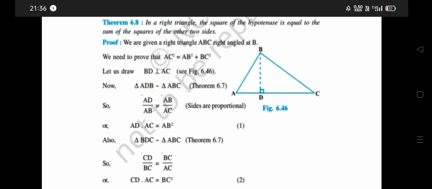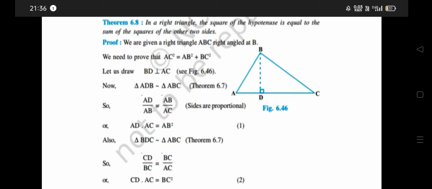So that's what theorem 6.7 says, if you guys just go through it. And if two triangles are similar, we can say that their sides would be proportional. So we can write that AD by AB would be equal to AB by AC. From this, if we just cross multiply, AD into AC would be AB into AB. That means AD into AC would be equal to AB square, which we can consider as equation 1.